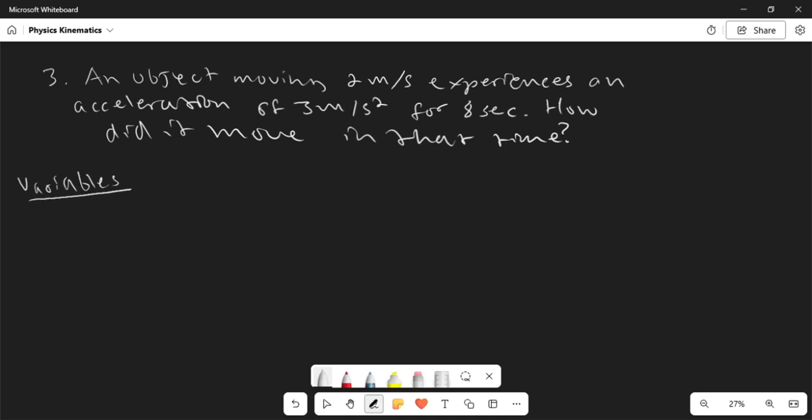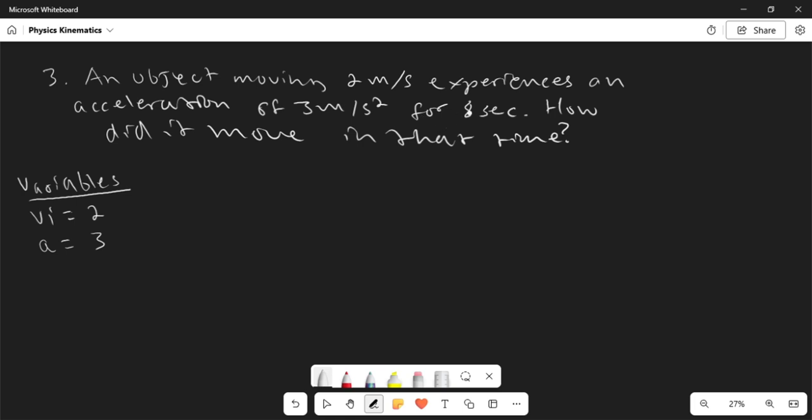We have an object that is moving at 2 meters per second. When an object is already moving at 2 meters per second, that means the initial velocity is going to be 2. Okay? It says that it's experiencing an acceleration of 3 meters per second squared, so the acceleration is 3.